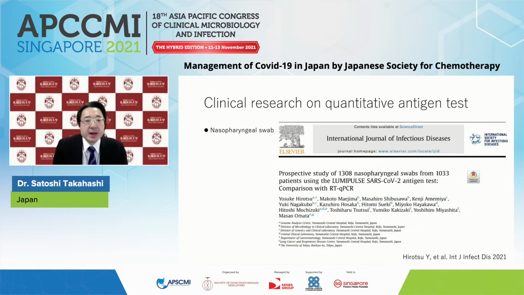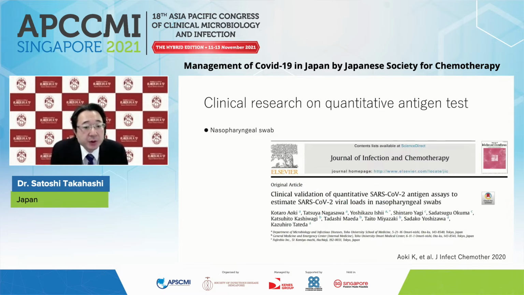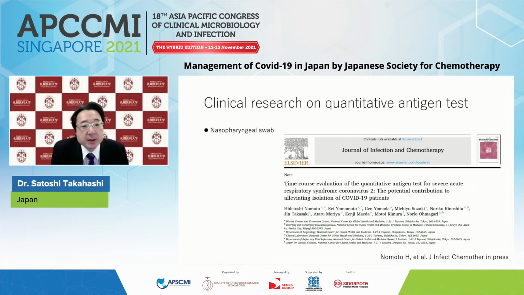They again reported on an additional number of nasopharyngeal swabs to detect SARS coronavirus 2. It's from Toho University, Professor Tateda, and from the National Center for Global Health and Medicine in Tokyo, Japan.